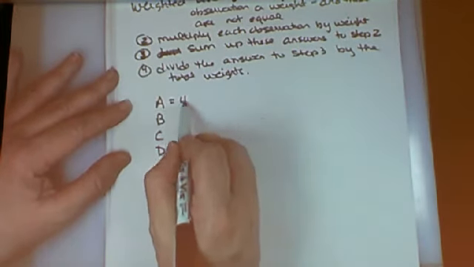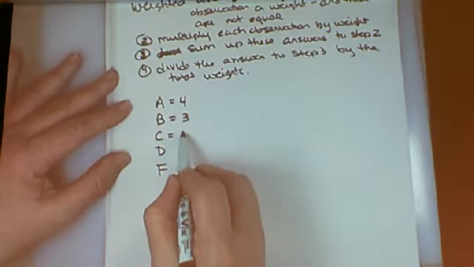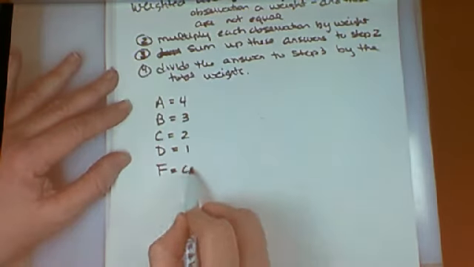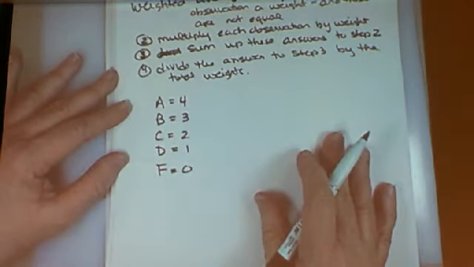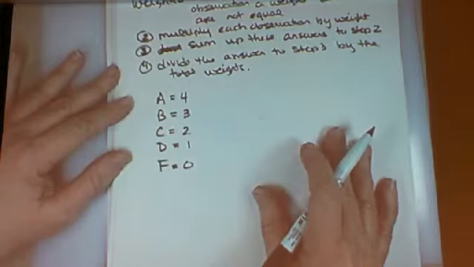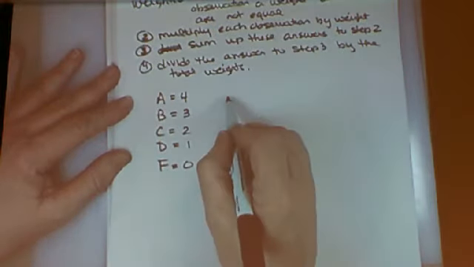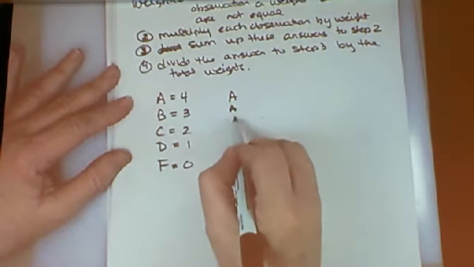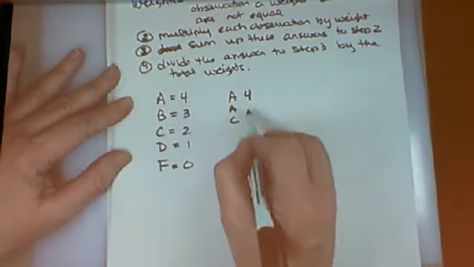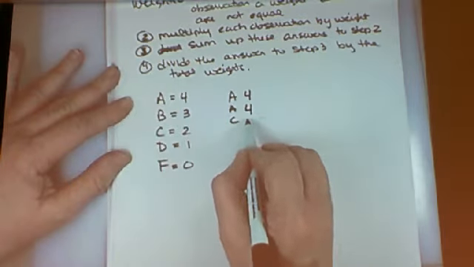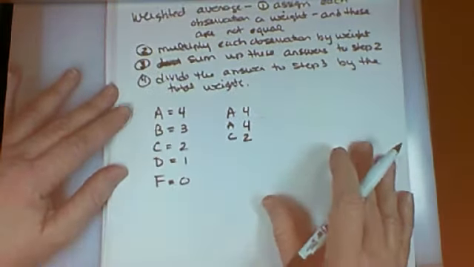So an A is worth 4, a B is worth 3, a C is worth 2, a D is worth 1, and the F is worth 0, correct? And it's up to you which one of these you choose. Now let's suppose you took 3 classes and you got 2 A's and a C. So for each A, you get a 4, and for the C, you get a 2. Now I know there's pluses and minuses, but we're going to keep this simple.